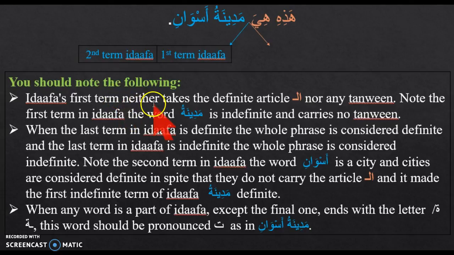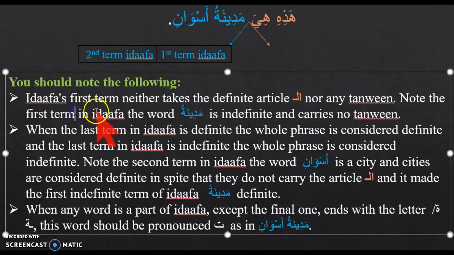The first term of إضافة takes neither the definite article alif lam, nor any tanween. Those are rules you need to follow with all إضافة structures. So the first term مدينة carries no tanween and no alif lam. The last term in إضافة, here Aswan, is considered the last term because there is no other noun after it. Aswan is definite because cities are considered definite.